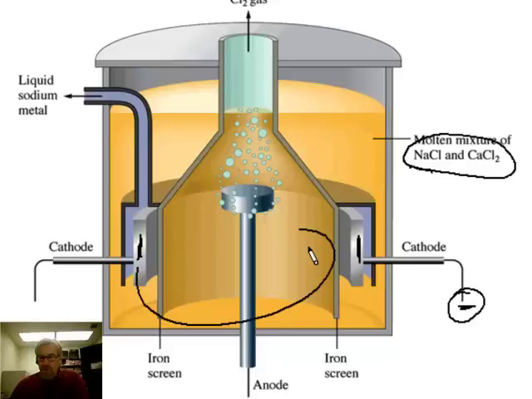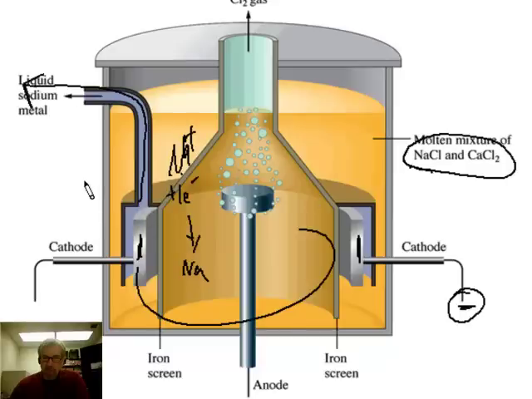So at the cathode, the sodium reduces and produces liquid sodium. Now the liquid sodium is less dense than the mixture of sodium chloride and calcium chloride, so it floats to the top, collects in this little housing, and goes out a pipe, and then you collect it, freeze it, and do whatever you do with sodium.